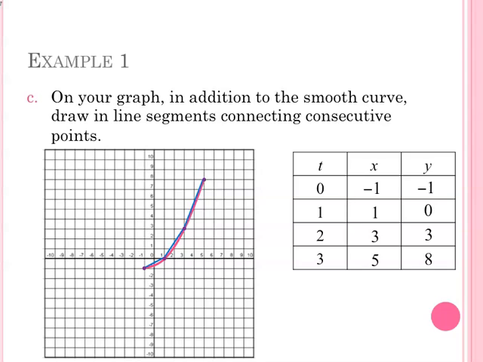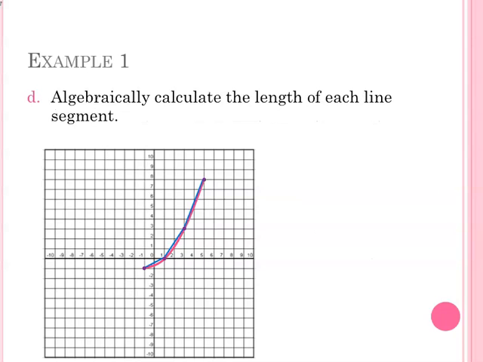Now for the next part, it says algebraically calculate the length of each line segment. So how do we do that? Well, let's say you're looking at the first line segment, going from negative 1, negative 1 to 1, 0.